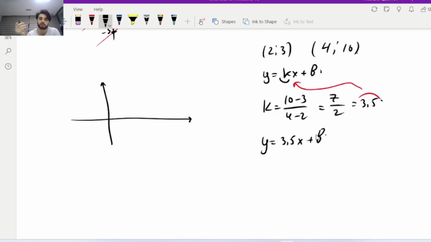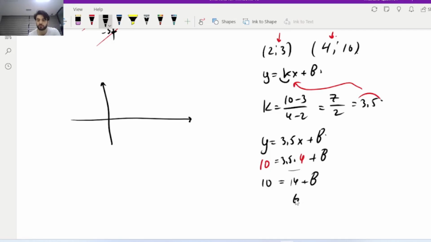After finding slope, we have to put one of these points in the equation. For example, let's take the second one. We have to write 10 and 4 instead of y and x, the second one instead of y and the first one instead of x. So this part will be equal to 14.